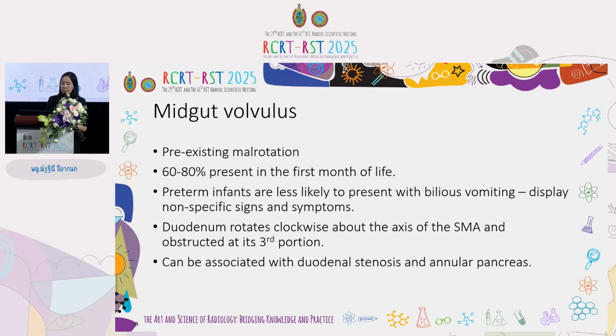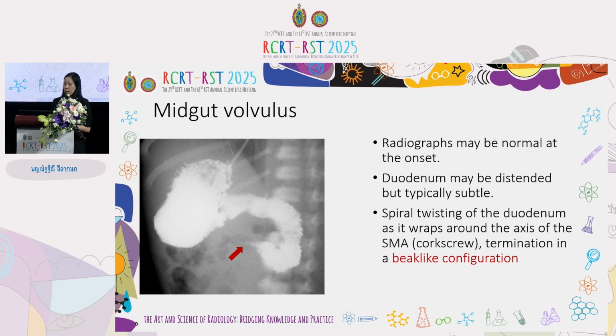In midgut volvulus, the duodenum rotates clockwise about the axis of the SMA and obstructs at its third portion. This condition can be associated with duodenal stenosis and annular pancreas. Radiographs may be normal at the onset.